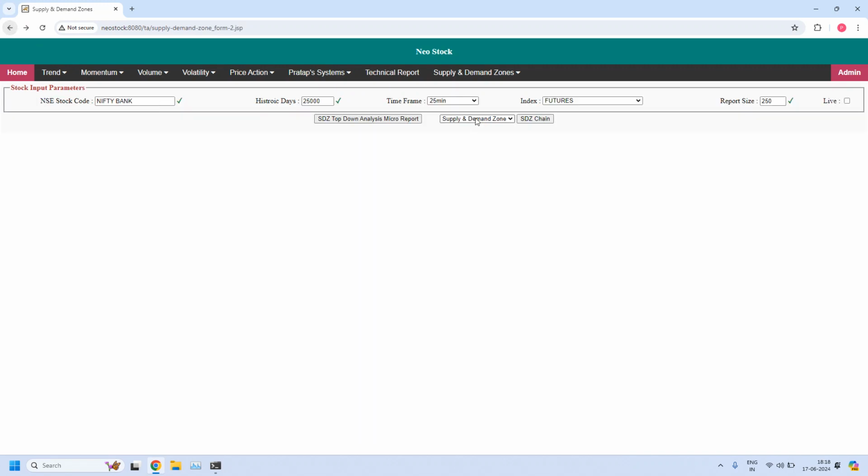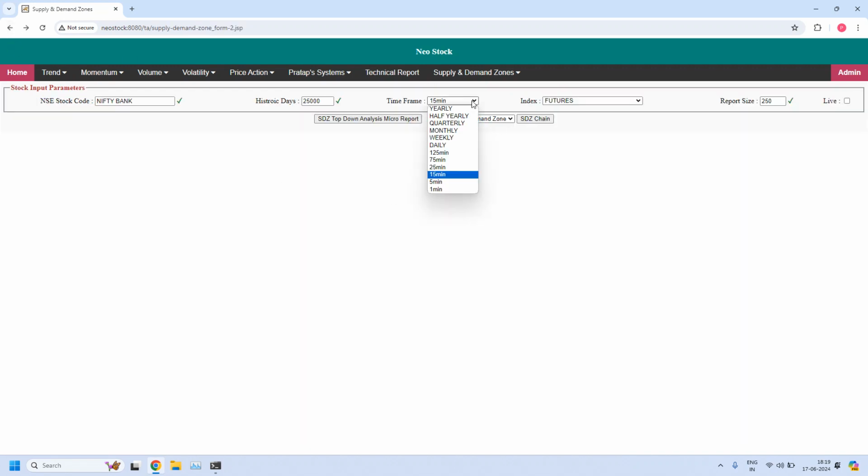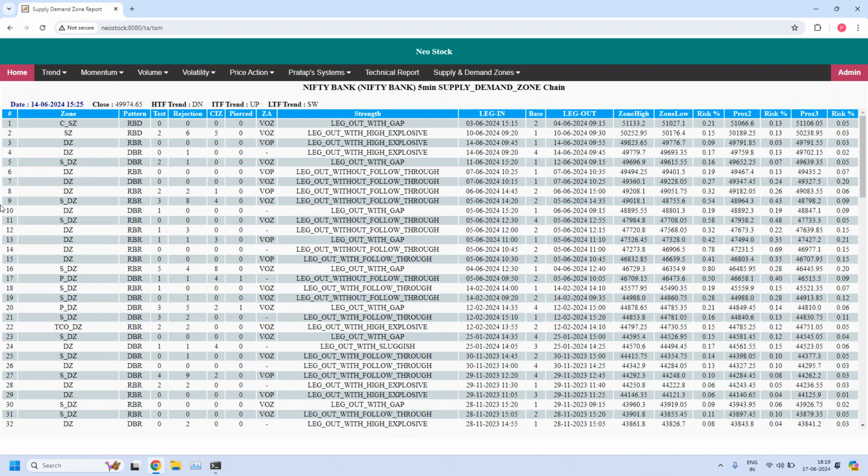Now I am going back and generating the 15 minutes time frame. So this is the 15 minute supply demand zone chain. Now let me generate the last time frame, 5 minutes for Bank Nifty. So this is a 5 minutes supply demand zone chain. So this is about Nifty and Bank Nifty supply demand zone chain.